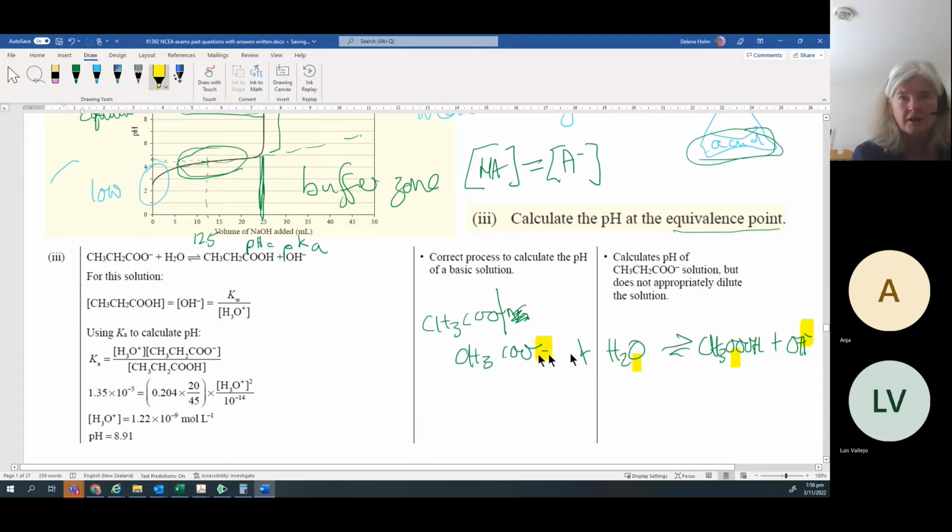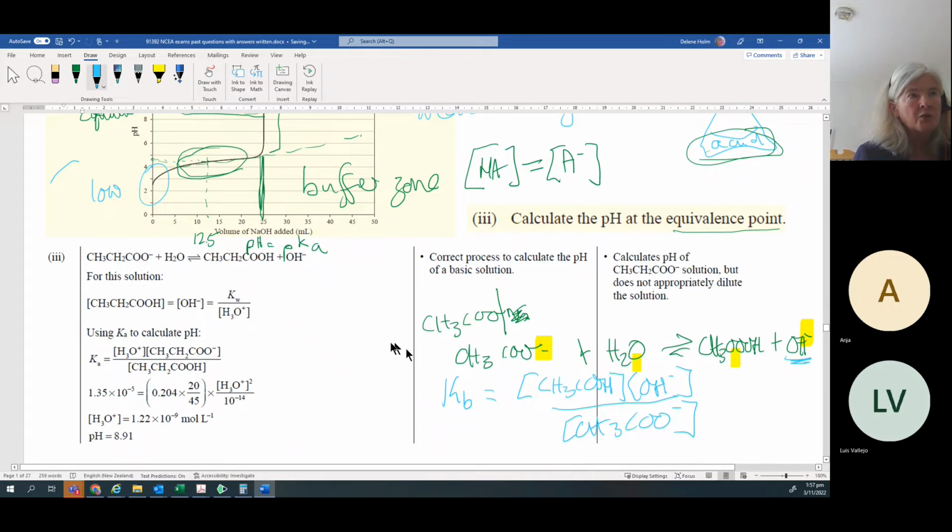If you want to see very quickly, are you going to have H3O plus or OH minus? If I've got a negative here, I must have a negative there. Now that you've written that equation, you know you're going to be using Kb, because a Kb equation must have OH minus on the right-hand side. A Ka has to have H3O plus on the right-hand side. So your Kb is going to be CH3COOH times OH minus all over CH3COO minus.